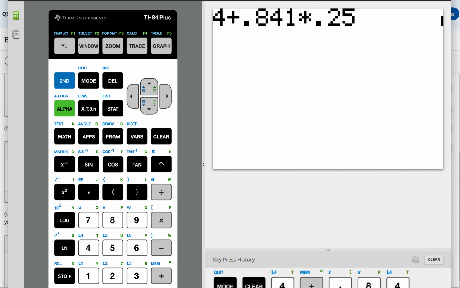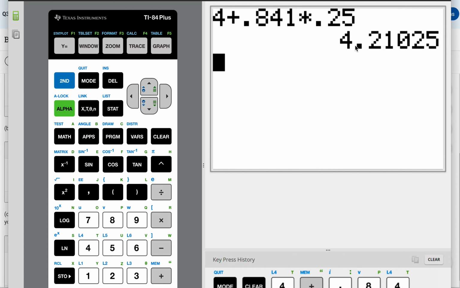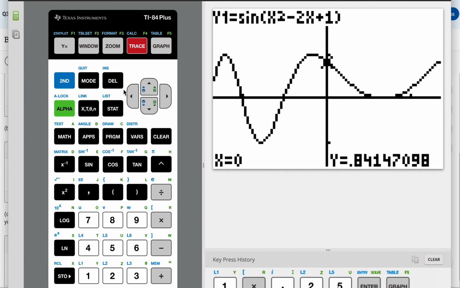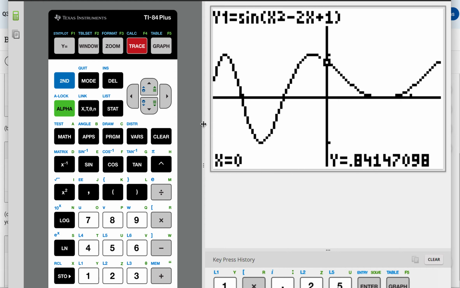And I would hit enter, and there I would have my approximate value at 0.25 based on my linearization there, assuming it was 0.841. Let's just check quickly. And 0.841 it was. Good.